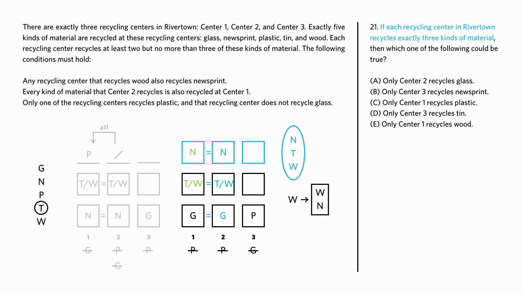For group 3, we again have these same three elements, N, T, and W, for two positions, and we can make the same inference that N must be in group 3, with either T or W. Per our inferences, answer choices A, B, C, and E all must be false. And if you want to pause the video to verify that, you can certainly do so. And D is the only answer that could be true, and so D is correct.